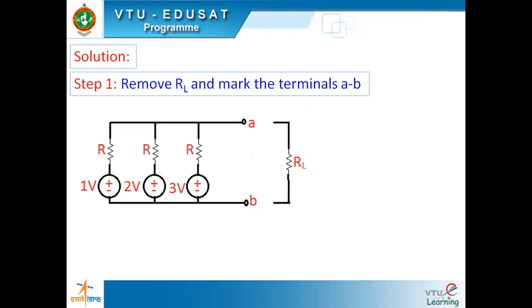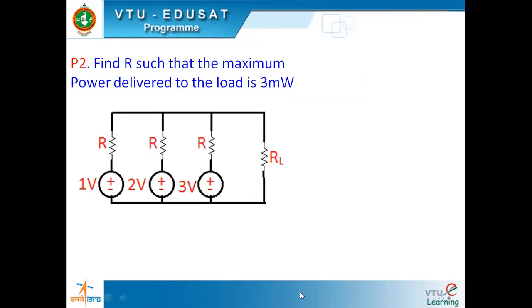So let's remove this RL. They are asking us to find out R. Let's do this by Millman's theorem. Find this R such that the maximum power is transferred to the load.